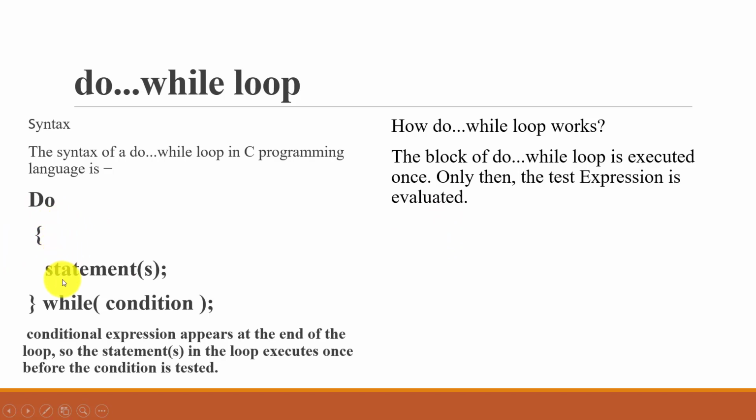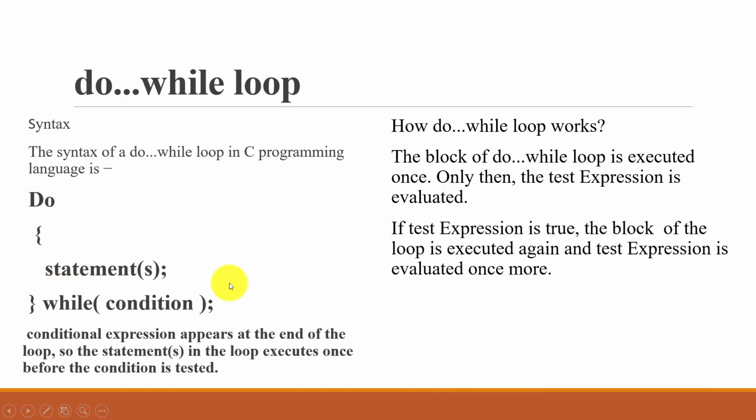We directly execute these statements and then at the end we check. If the test expression is true, then it executes the same statements again, that is, it executes a second time. If it is false, it will never execute the same block again, it will stop.